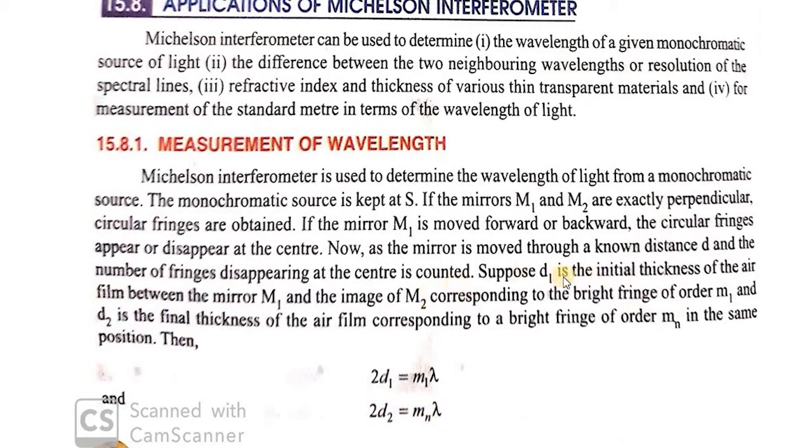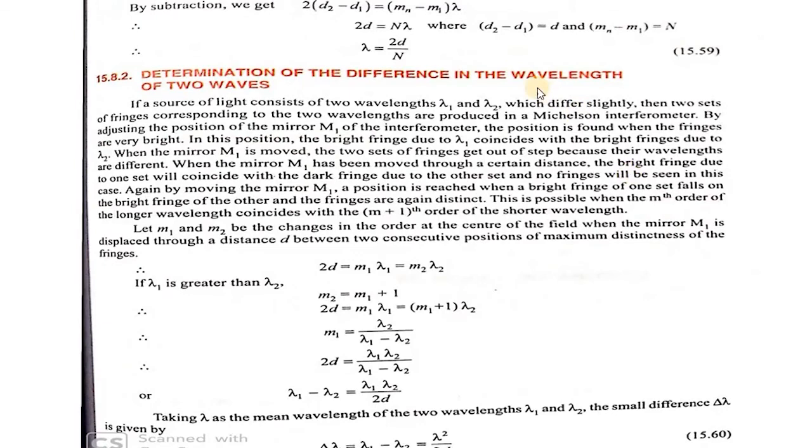Here d1 corresponds to the thickness of the air film formed between the mirror M1 and the image of the mirror M2, that is M2 prime. Subtracting, 2 into d2 minus d1 is equal to mn minus m1 into lambda. From that I can calculate lambda equals 2d by n, where d is equal to d2 minus d1 and n is equal to mn minus m1.